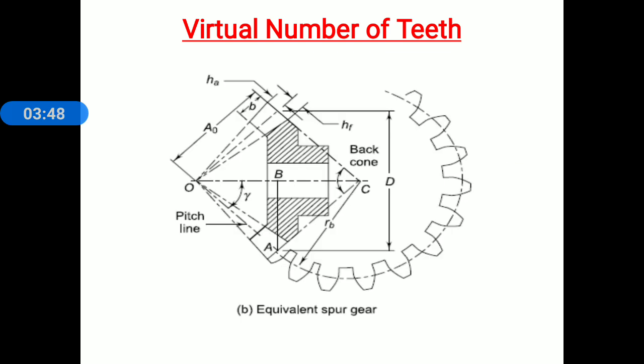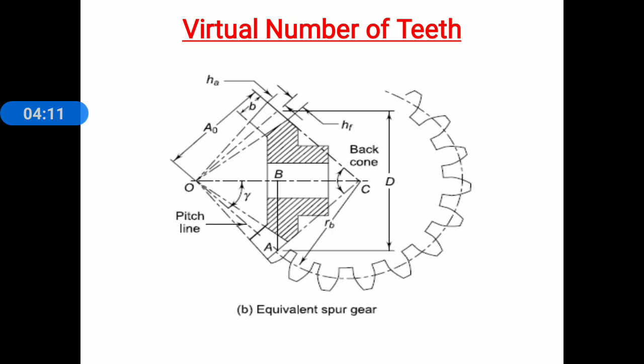Again, everyone observe sketch B carefully. In figure B, an imaginary spur gear is constructed in a plane perpendicular to the tooth element at the large end.